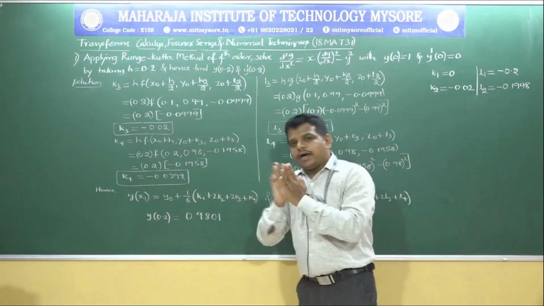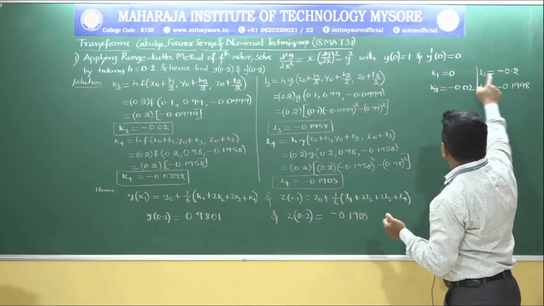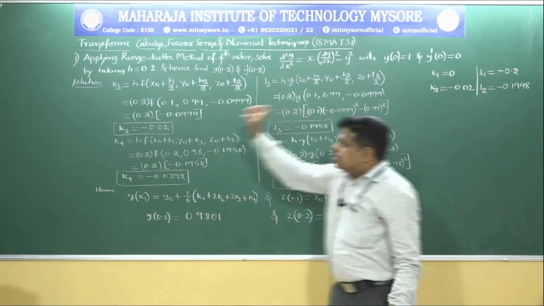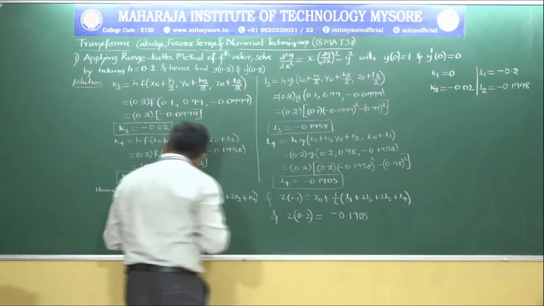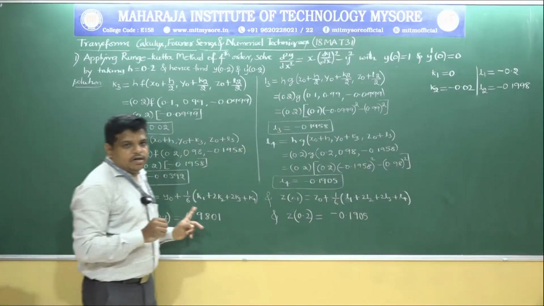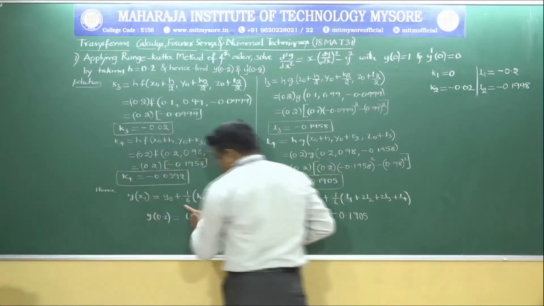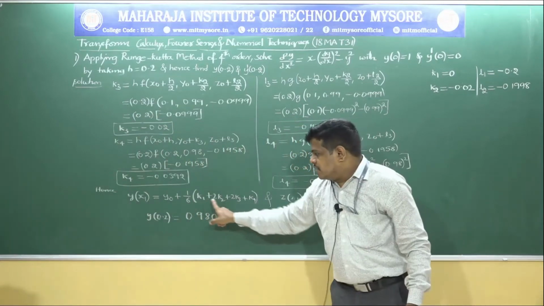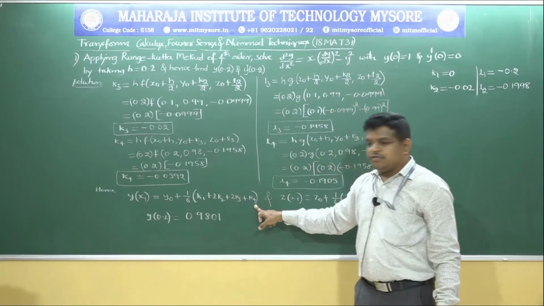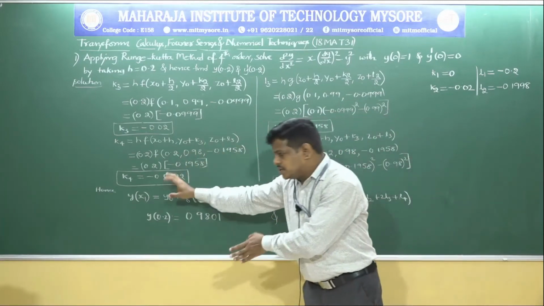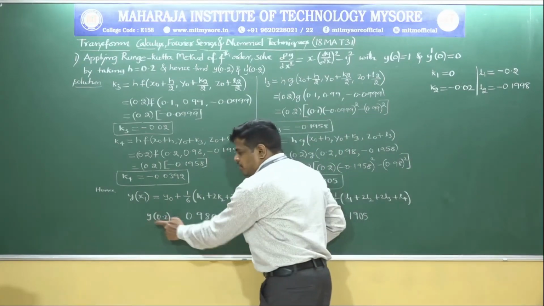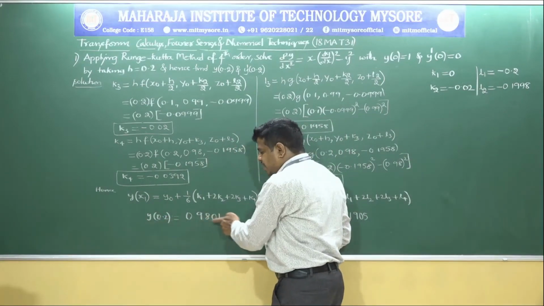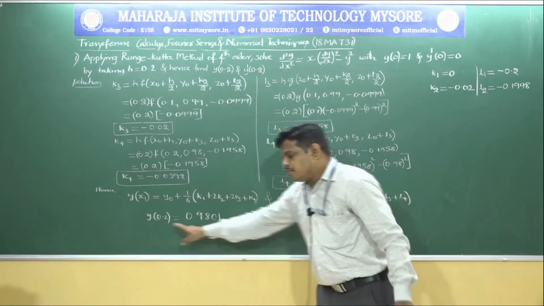Next, after finding all the parameters, that is K1 L1, K2 L2, K3 L3, K4 L4, I am substituting all these values in y of x1 equals y0 plus 1 by 6, K1 plus 2K2 plus 2K3 plus K4. Substituting all these values into this formula and simplifying, we end up with y of 0.2 equals 0.9801. This is your y of 0.2.